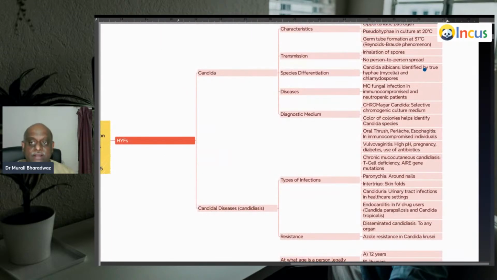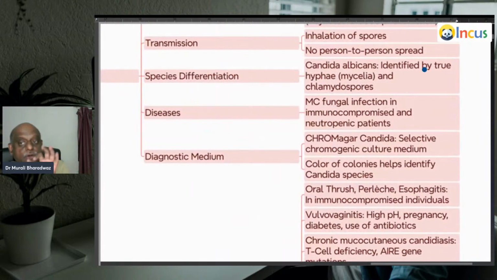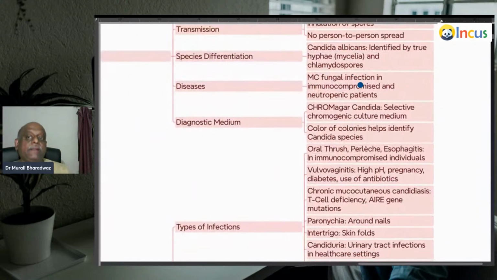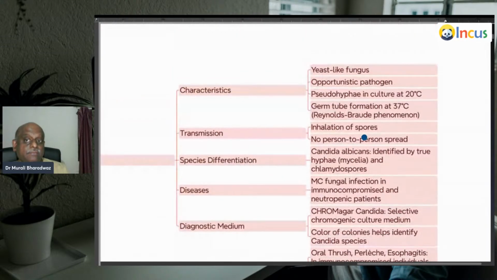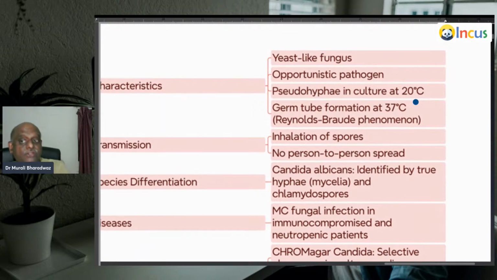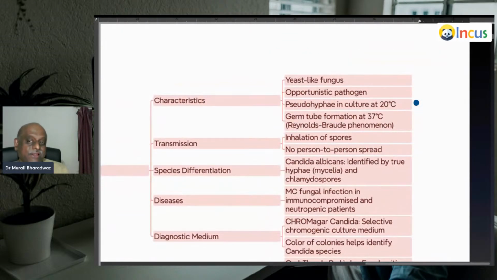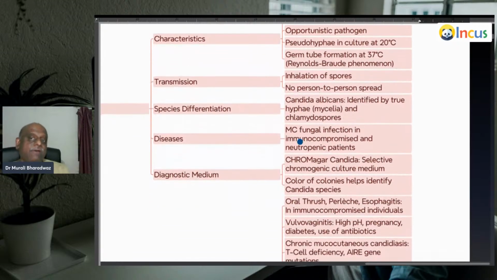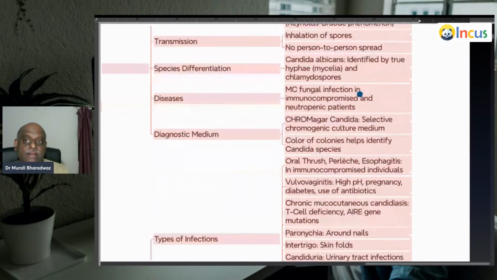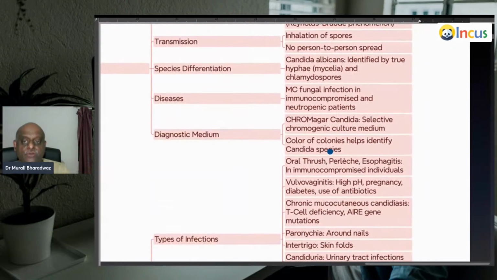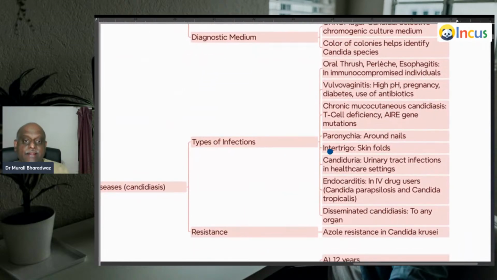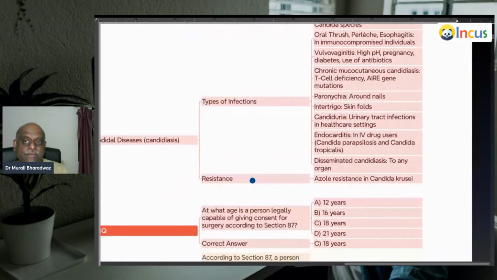The most common fungal infection in the immunocompromised and neutropenic patients, and germ tube formation occurs at 37 degrees, which is called Reynolds-Braude phenomenon. It forms pseudohyphae in culture at 20 degrees. It is a yeast-like fungus, and it is identified by true hyphae and chlamydospores. That is what you need to remember.